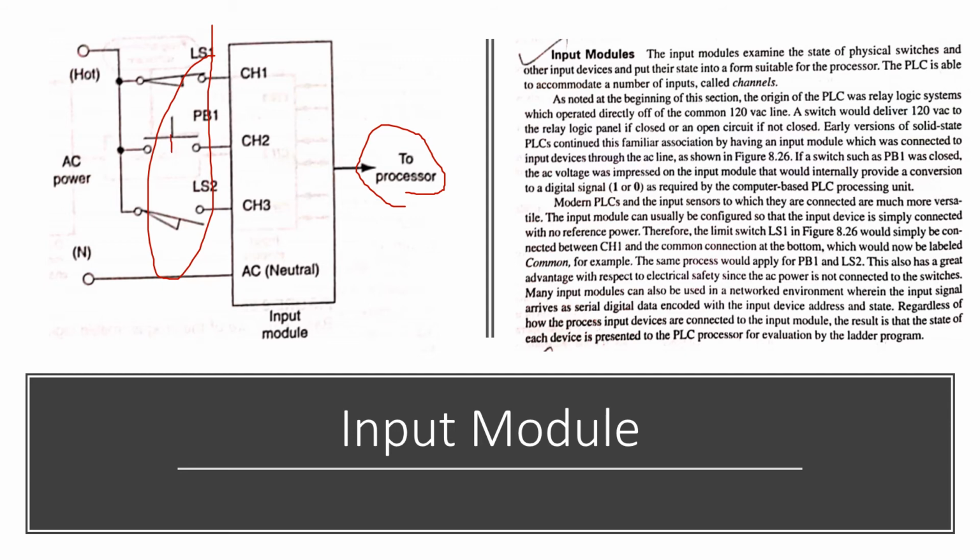Once the switch PB1 is closed, the AC voltage is impressed on the input module, which internally provides a conversion to a digital signal, that is 1 or 0, as required by the computer-based PLC processing unit. LS1 and LS2 are also switches connected to the common terminal, and we have 3 channels. That's all about the operation of the input module, which is mainly used to convert analog to digital.